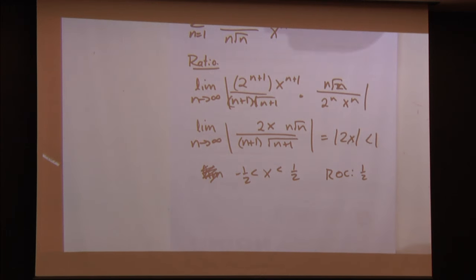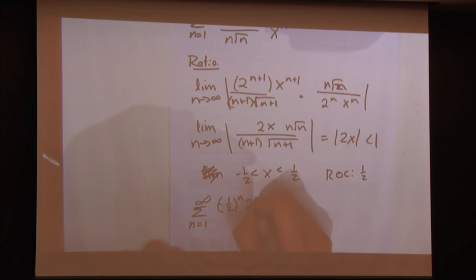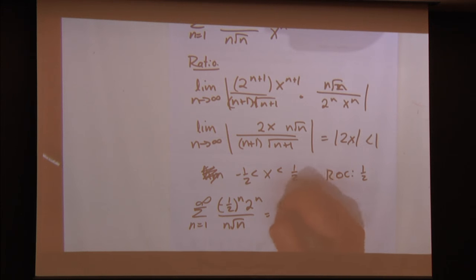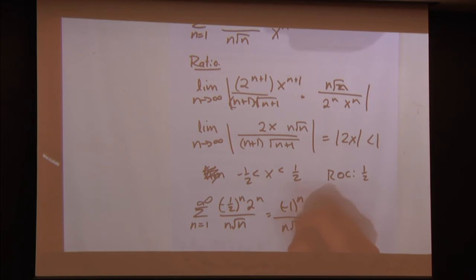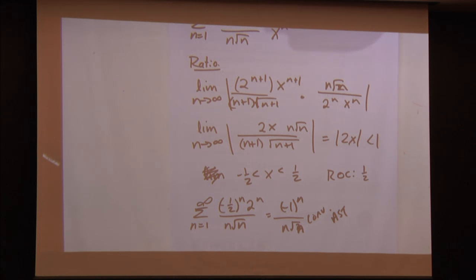We want to find out if our bounds are convergent or divergent. So we have (-1)^n over n root n, which converges by AST. The limit goes to 0, and it's decreasing.